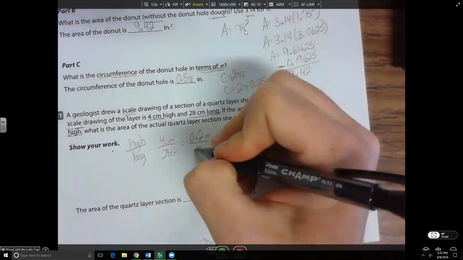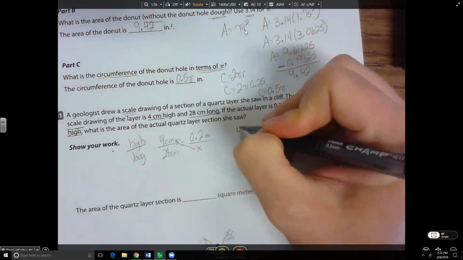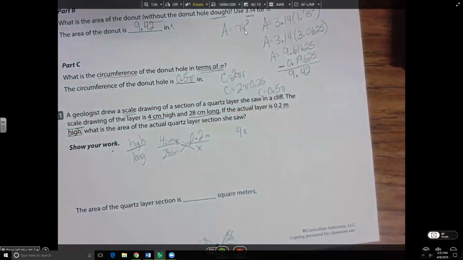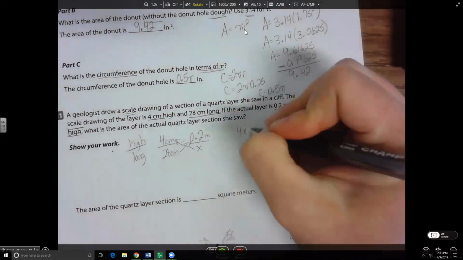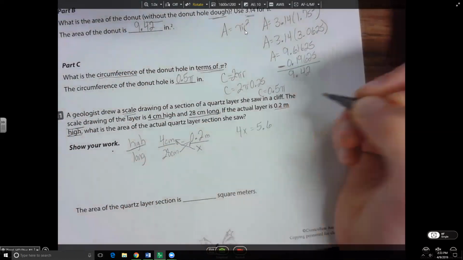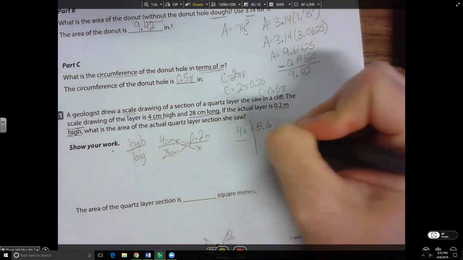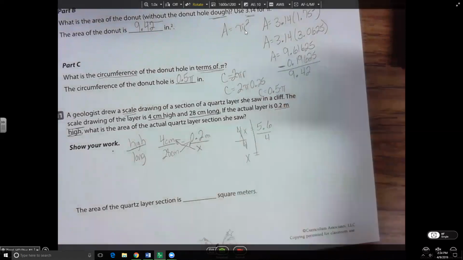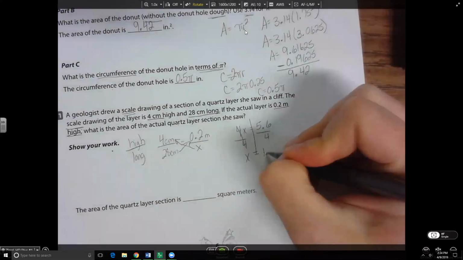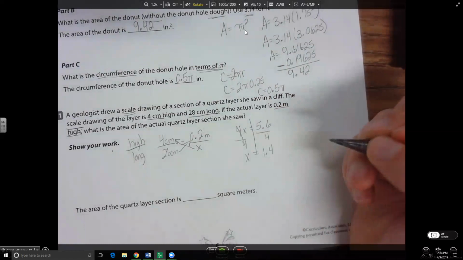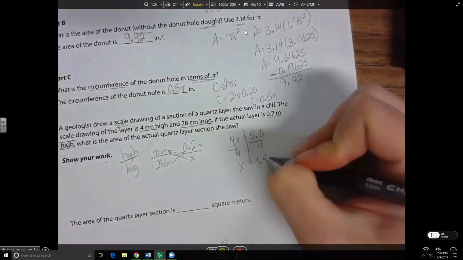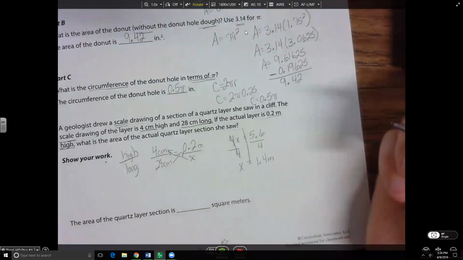So I cross multiply, I get 4x, and then 28 times 2/10 gives me 5 6/10. And I would divide both sides by 4. That would give me 1 4/10. Okay, and that would be meters.